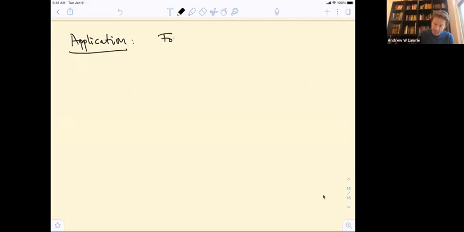Fourier series in L1. So I want to prove a general version of a statement that we proved earlier in the class.